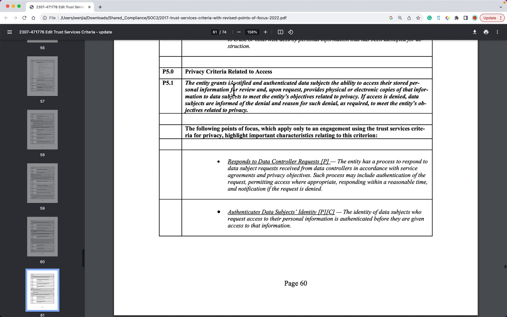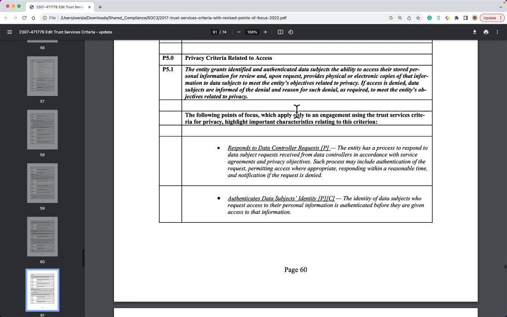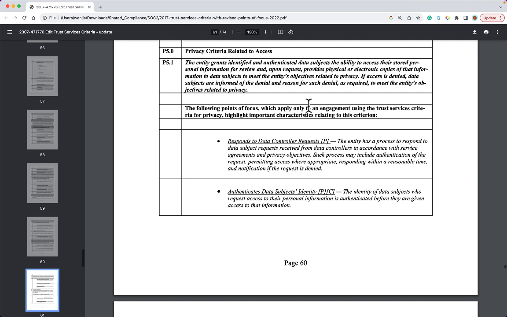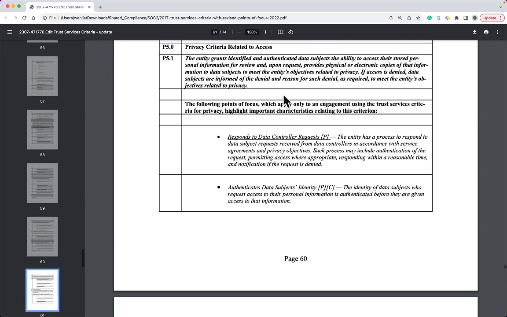So when you grant access, how are the data subjects going to access their information? You need to have some constraints, and you need to consider the whole process. Like if one data subject is requesting to access their information, then which part of this information are they allowed to access?